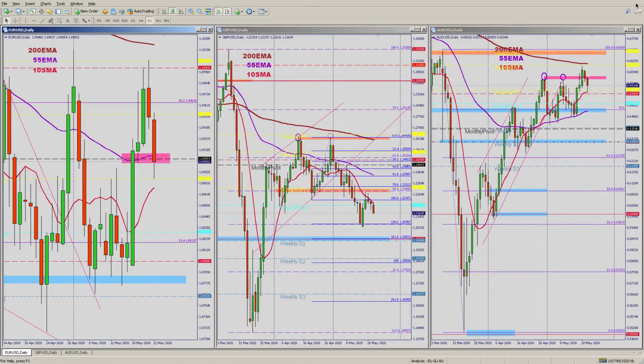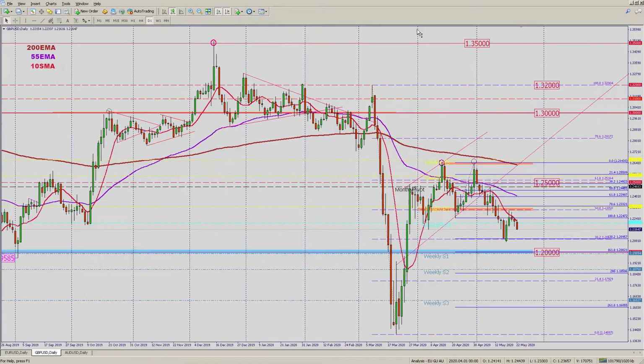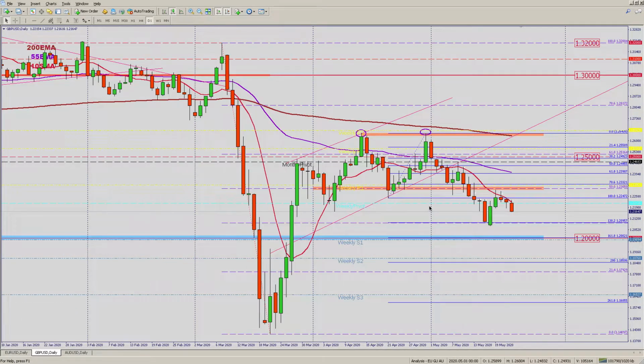Let's take a look at the cable, and the pound sterling also found support right from the 138 fib on the short-term reversal, and rebounded to hit the 50% fib level on the bigger time frame.